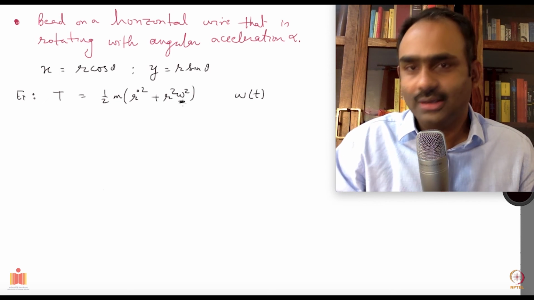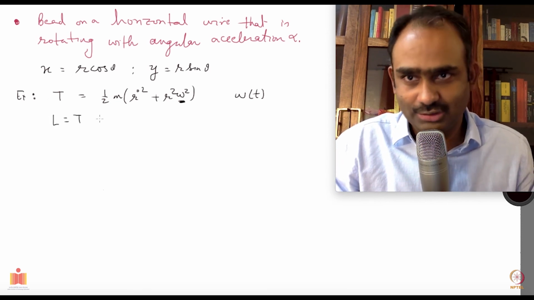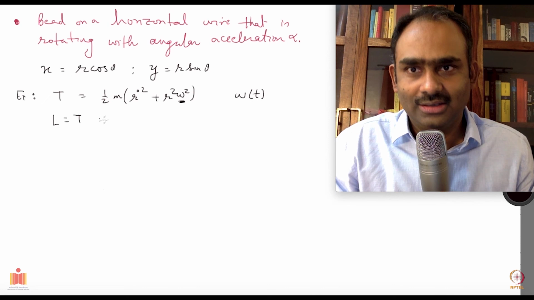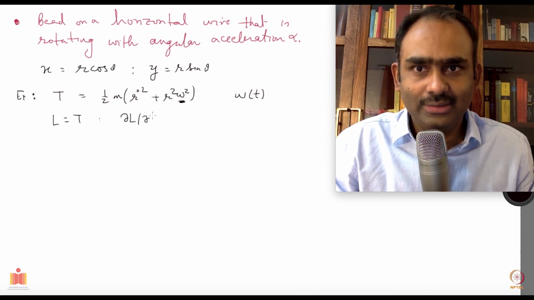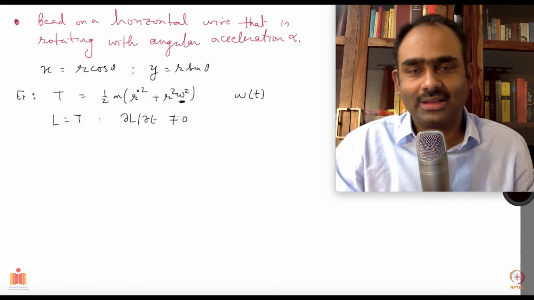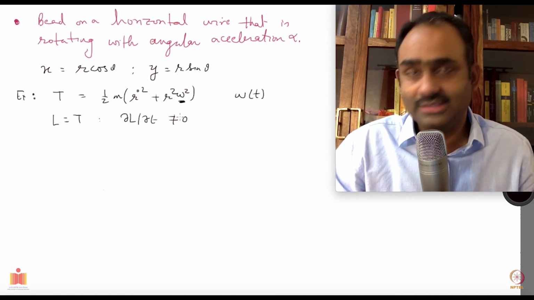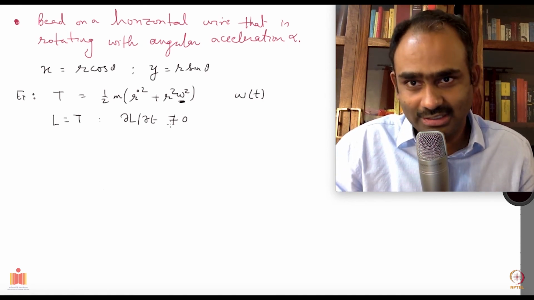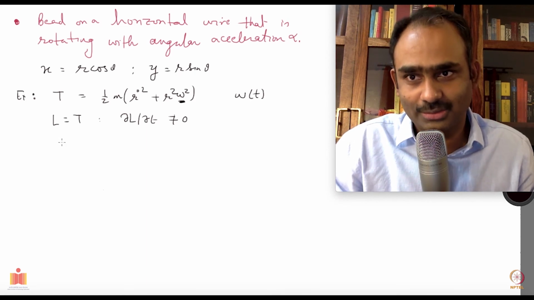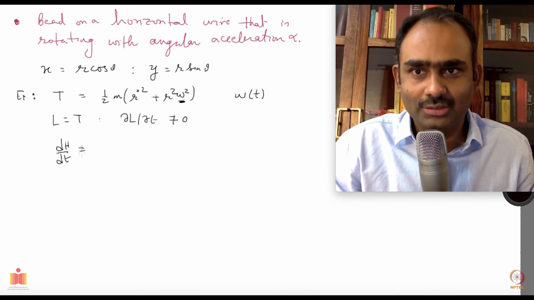Okay, which means your Lagrangian, which is same as T, because again there is no potential energy. Okay, which means that del L over del t is not equal to 0 this time. Last time it was. Okay, now is H conserved? No. Why? Because del L over del t is not 0. So your dH over dt is not equal to 0.